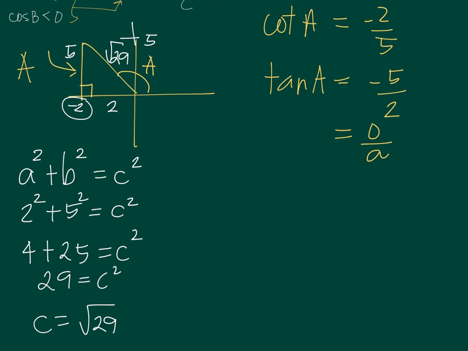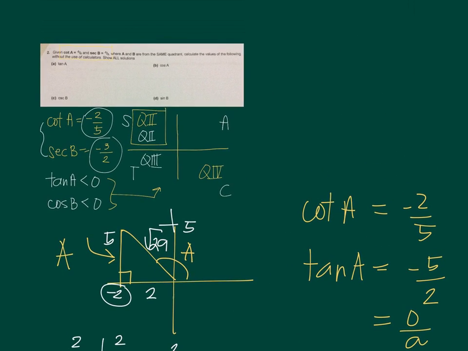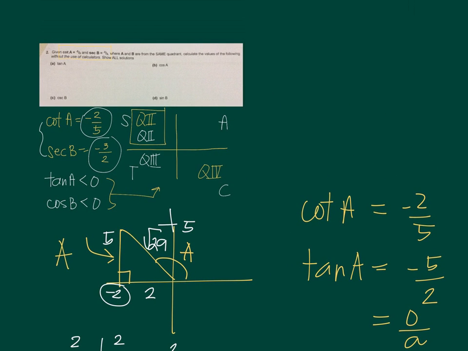Okay, so these are the things that we need for angle A. So what about for the angle B? For the angle B, we also construct the angle B. So this is angle B. We create a right triangle. And let's take some information coming from the problem that says the secant of B is negative 3 over 2.